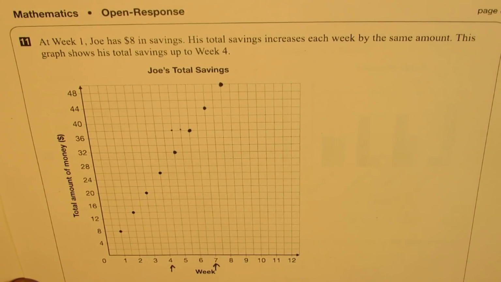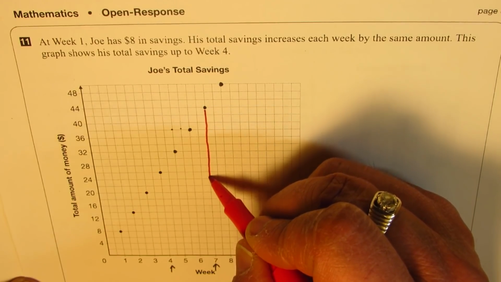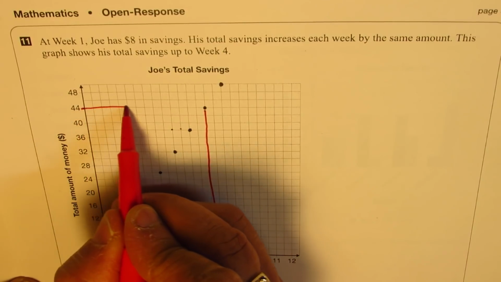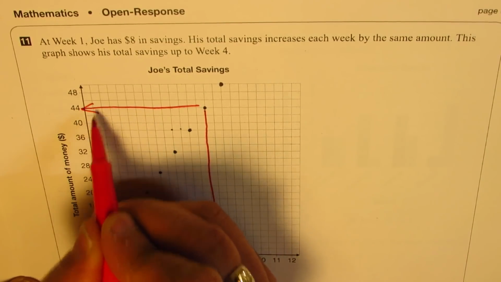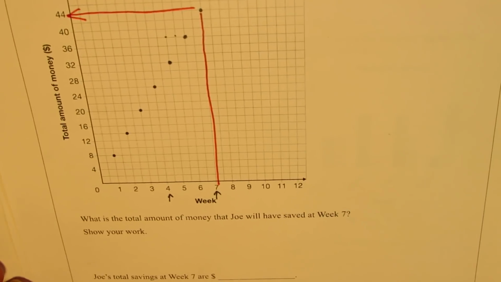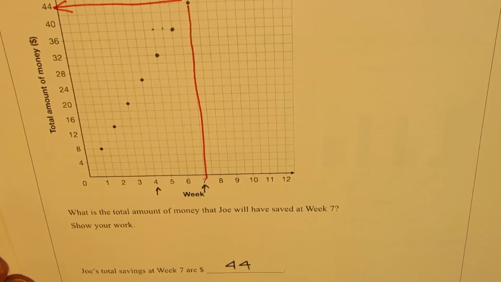Now for 7, let me use another ink just to show you. This is week 7. And the amount is 44, correct? So Joe's total savings at week 7 are $44, right?